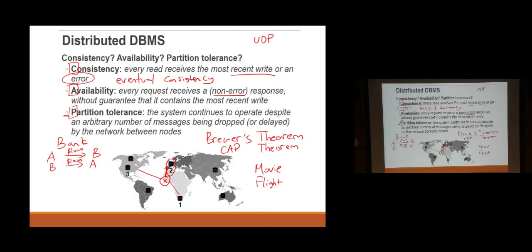Okay? So unfortunately, the CAP theorem, or Brewer's theorem, does not allow us to have all three. This is very apparent in a banking system, because banks typically work across boundaries. So you will need partition tolerance. You will need availability.